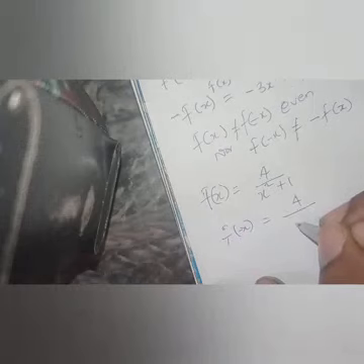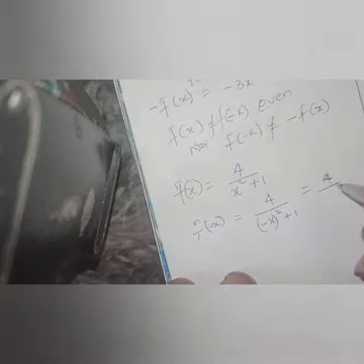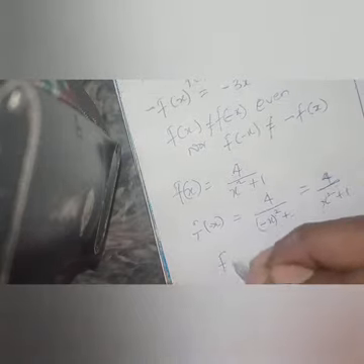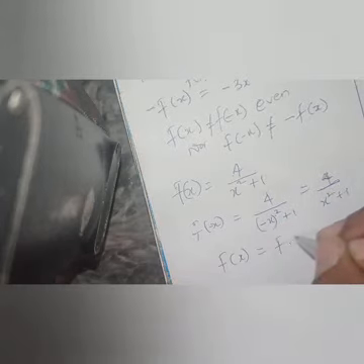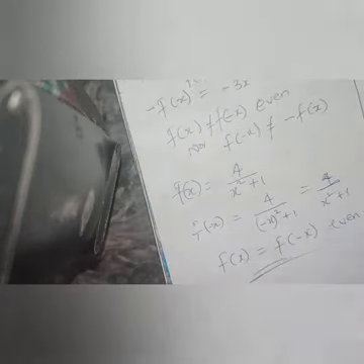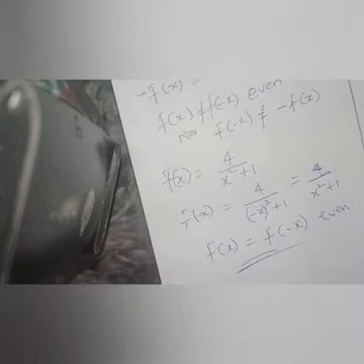So let us check whether it's even or odd. Let's try f of minus x, which will be 4 over minus x all squared plus 1. Minus x all squared will be x squared, so we have 4 over x squared plus 1. Can you see? f of x is equal to f of minus x. So this function is what? Even.